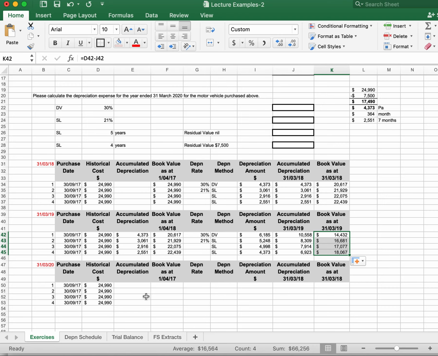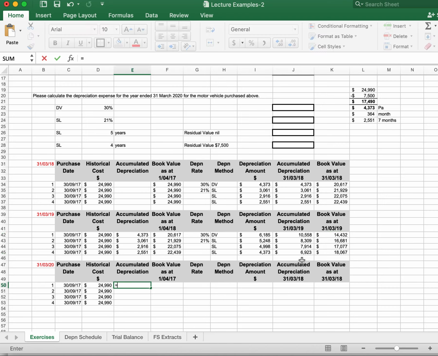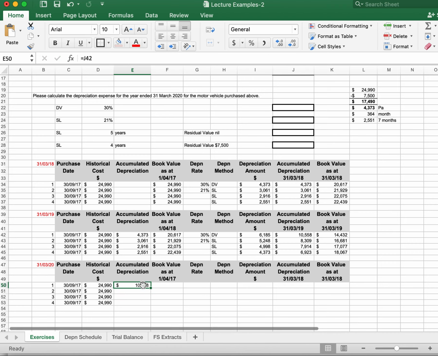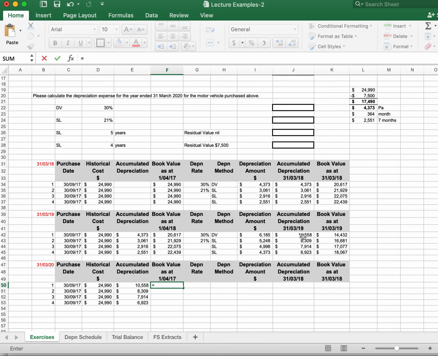Okay, and the closing book value will be either the opening book value less the current depreciation, or it's the historical cost less the full depreciation. So I'm going to go historical cost less the full depreciation, which should give me that amount. Okay, and there we've got it for 2019. Right, so 2020, the accumulated depreciation at the end is the opening book amount. The book value is going to be the closing book value. So that's as at the beginning of the year.